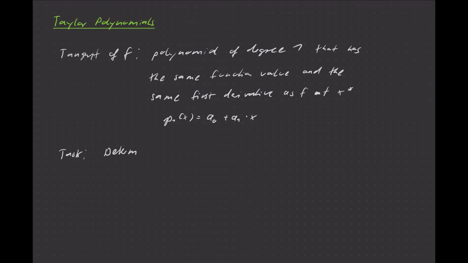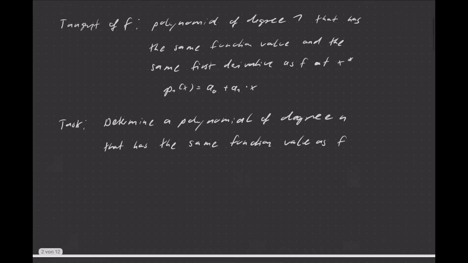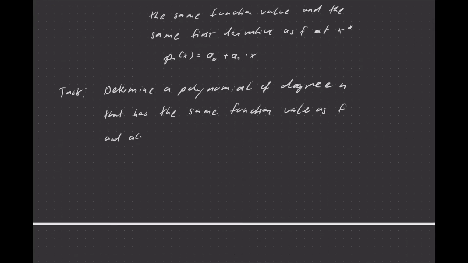So we'd like to determine a polynomial of degree n that has, again, the same function value as f, and also the same first, second, and so on up to the nth derivative as f at a point x star.